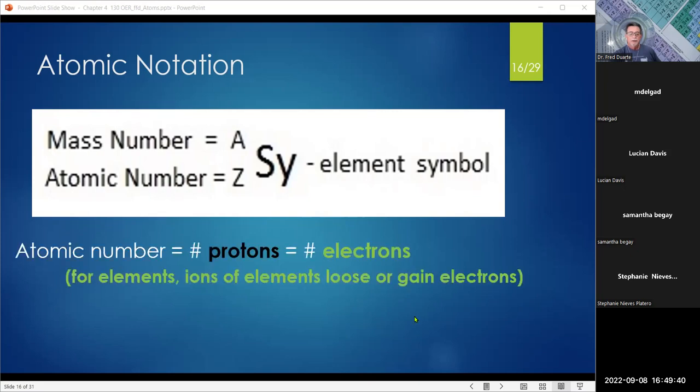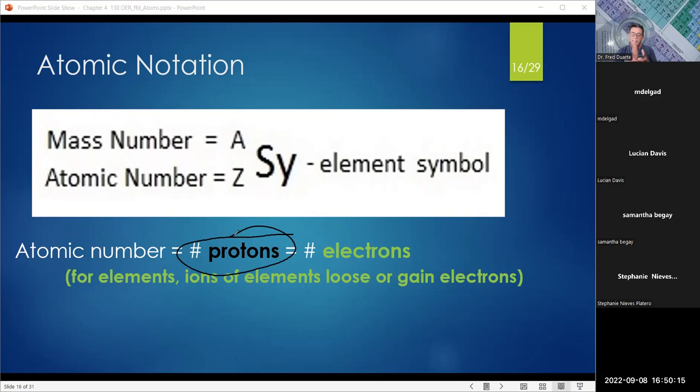Now, the atomic number, as I stated, is the number of protons and the number of electrons. So element number 100 has 100 protons and 100 electrons. Element number 1 has 1 proton and 1 electron. The big takeaway here is the protons. The protons define what that element is.